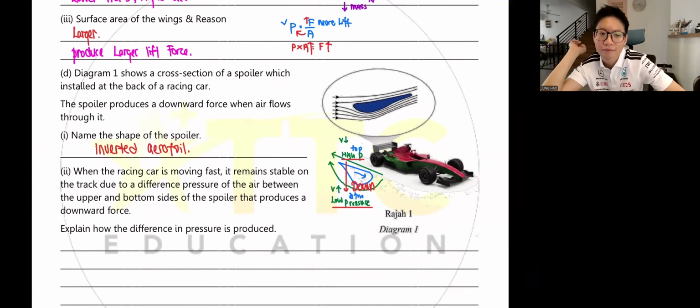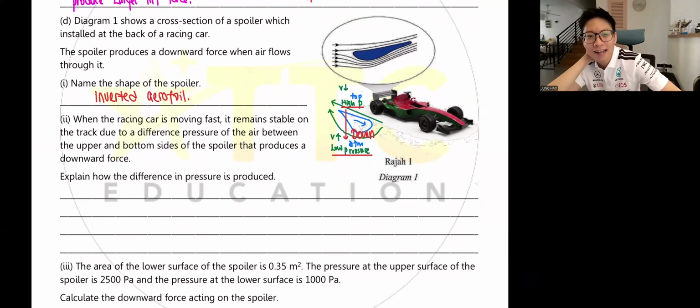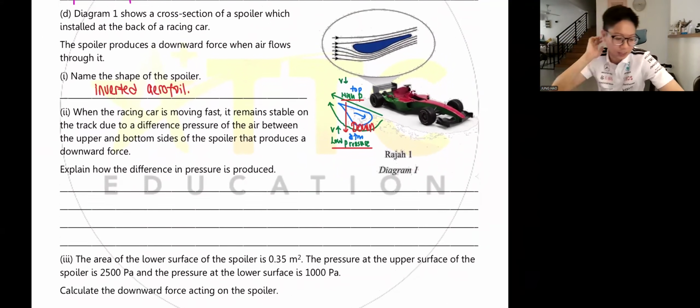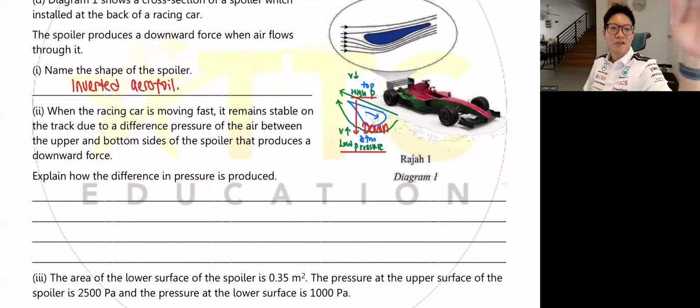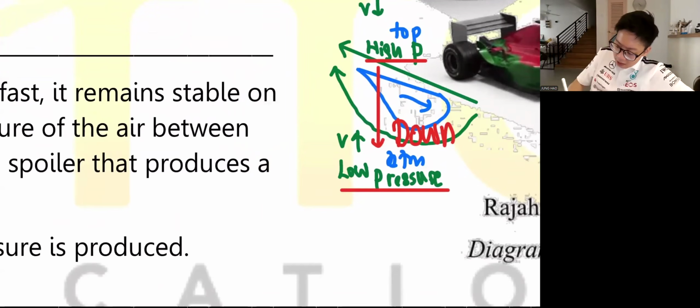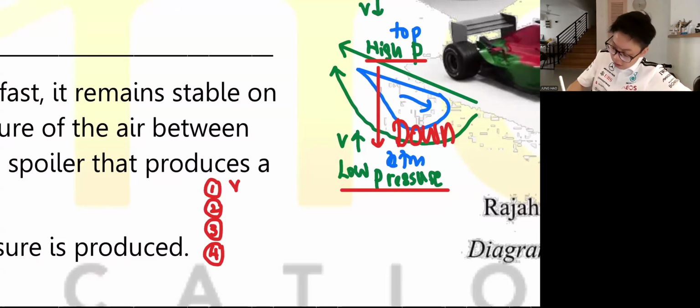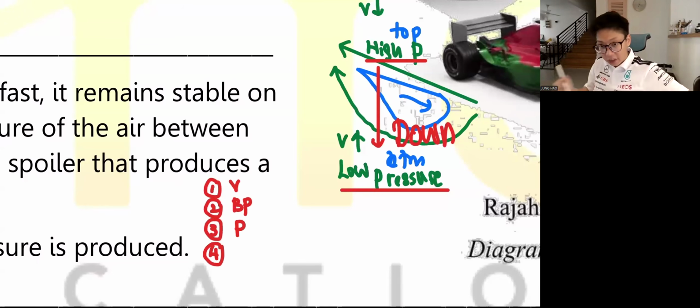Okay, so explain how the difference in pressure is produced. All right, guys. Is it going to be difficult? No. When the racing car is going fast, it remains due to the pressure difference. So, guys, see my formula is like this: 1, 2, 3, 4. We talk about velocity. We talk about Bernoulli principle. We talk about pressure.